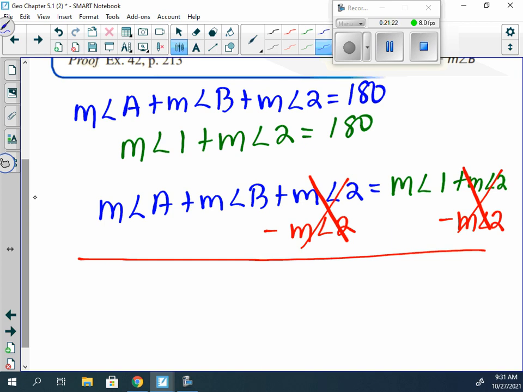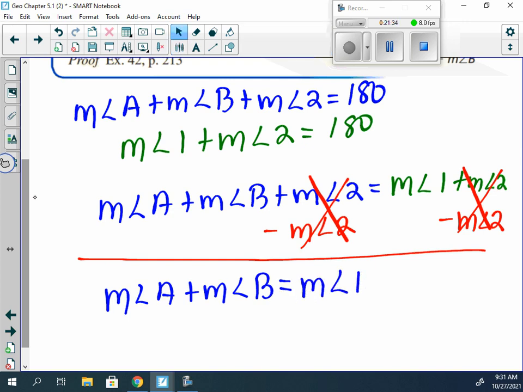It will cancel out. Which really just tells me that the measure of angle A plus the measure of angle B is equal to the measure of angle 1. Wasn't that what that property just said? And that's it. That would be a proof. This here is a proof of the exterior angle theorem.